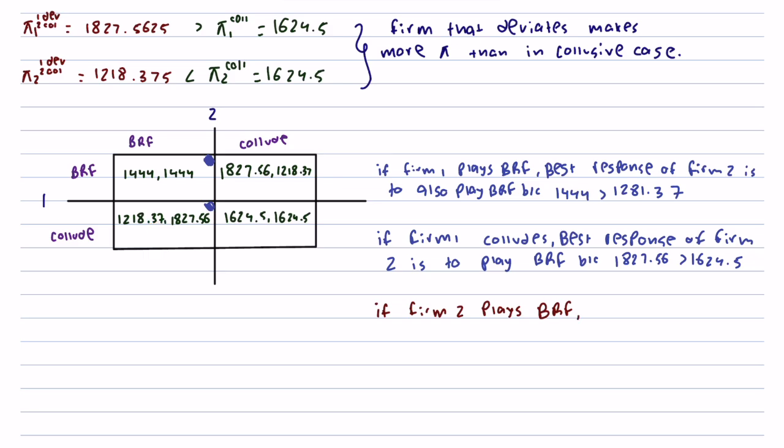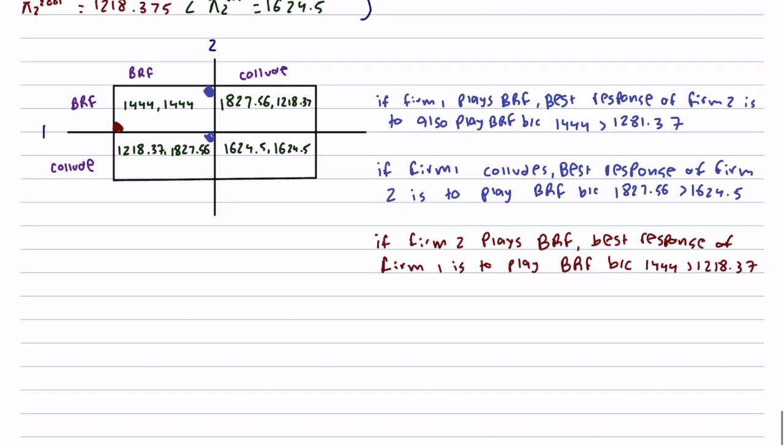So if firm 2 plays BRF, the best response of firm 1 is to play BRF because 1,444 is greater than 1,218.37. So we'll fill in the box right here.